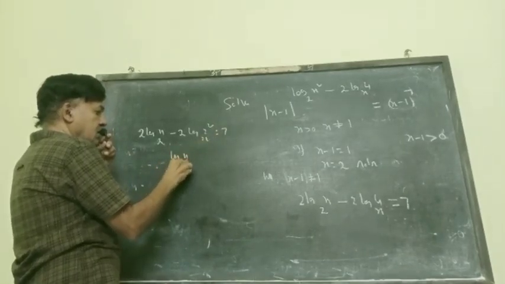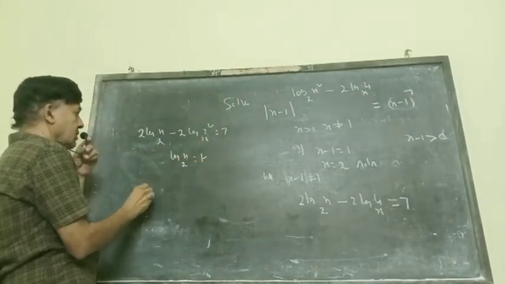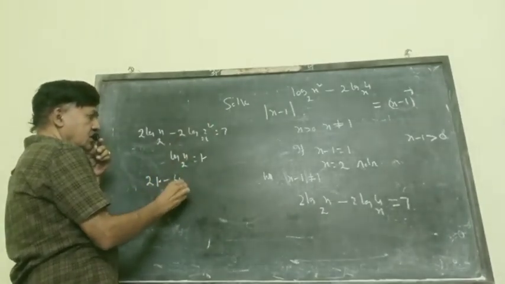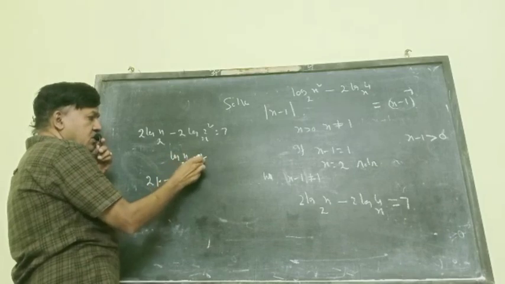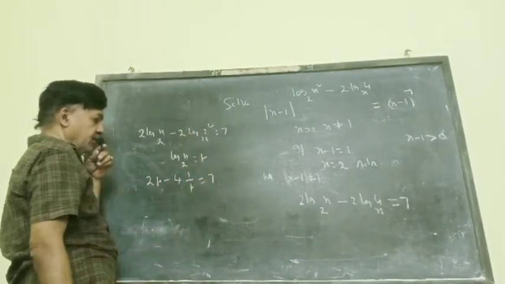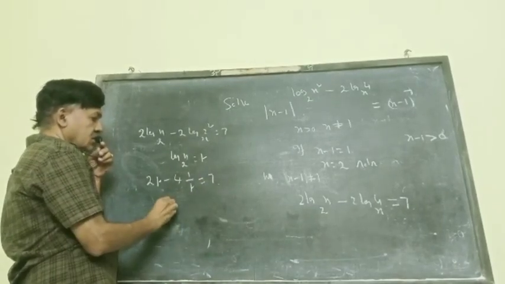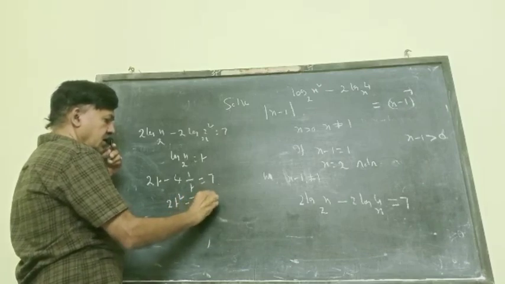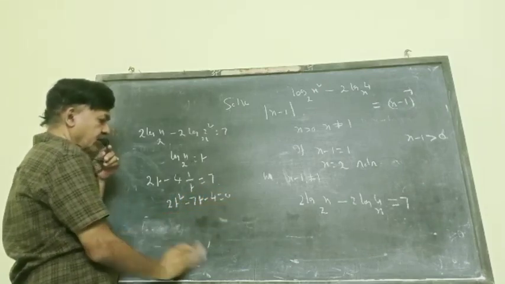You can call log x to base 2 as t. Then 2t minus 4 into, when log x to base 2 is t, log 2 to base x is what? 1 by t is 7. So 2t square minus 7t minus 4 is 0.